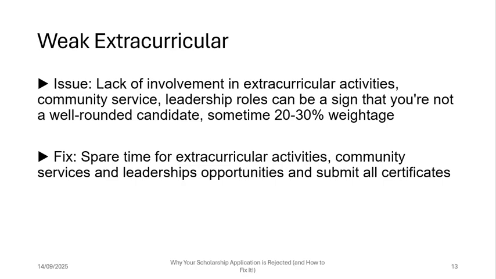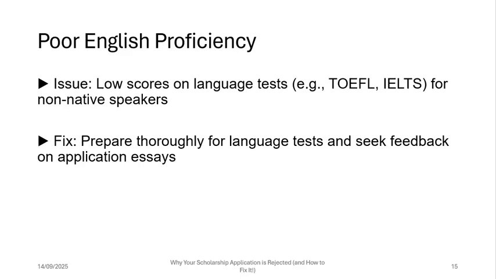The next reason is weak English proficiency. What happens is that you try to go for the TOEFL or IELTS, the international test for non-native speakers, which is usually required for the application.